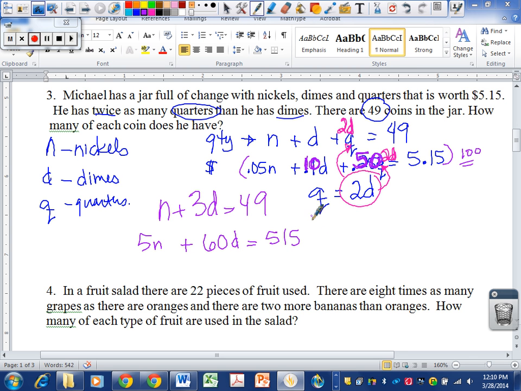So how do you want to solve this? You want to do elimination or substitution? Substitution? No, let's do elimination.